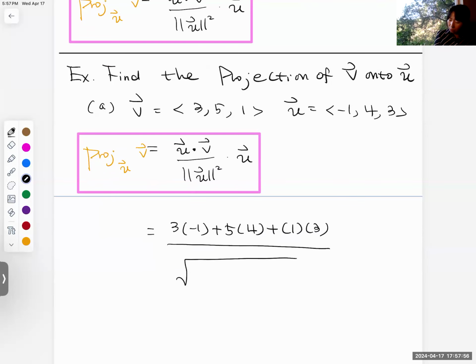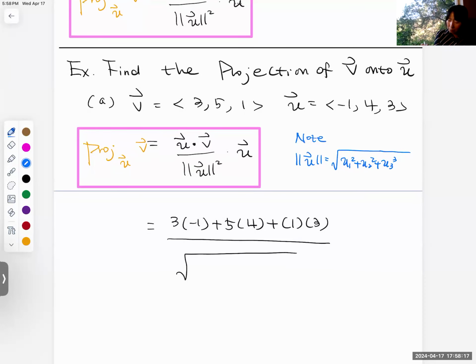So we knew that the magnitude of U is the square root of U sub 1 squared plus U sub 2 squared plus U sub 3 squared. But then we have a square term, so we make the square root go away.